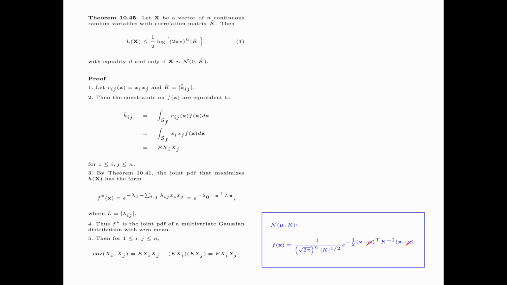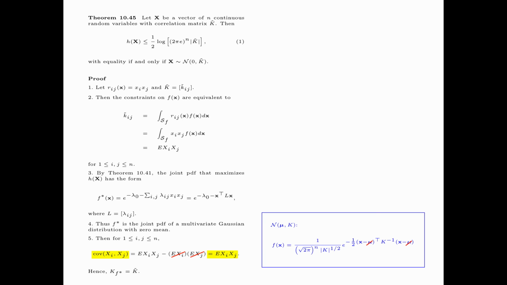Then, for all i, j between 1 and n, the covariance between x_i and x_j is equal to the expectation of x_i times x_j minus the expectation of x_i times the expectation of x_j, where the expectation of x_i is equal to 0 and the expectation of x_j is also equal to 0. And so, we have the covariance between x_i and x_j equals the expectation of x_i times x_j.